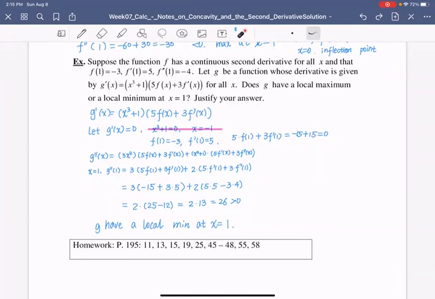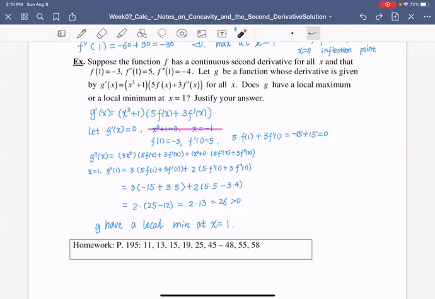Suppose a function f has continuous second derivative for all x and that f of 1 equals -3. The derivative f prime of 1 equals 5, and the second derivative f double prime of 1 is -4.